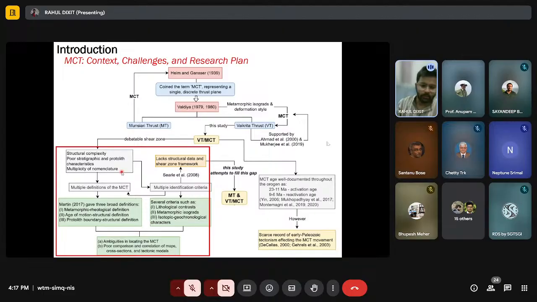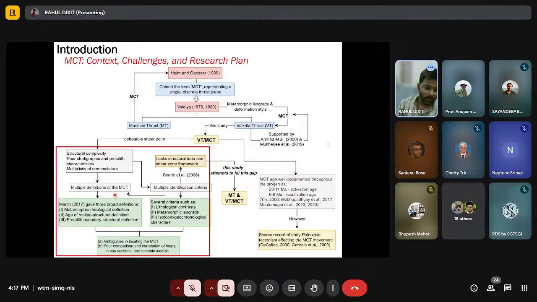This ultimately creates confusion in assigning a particular thrust as the main central thrust. So, because of all these complexities in the identification criteria for this thrust, a set of definitions has arisen to define the main central thrust, ranging from a single discrete thrust plane to a several-kilometers-thick ductile shear zone.